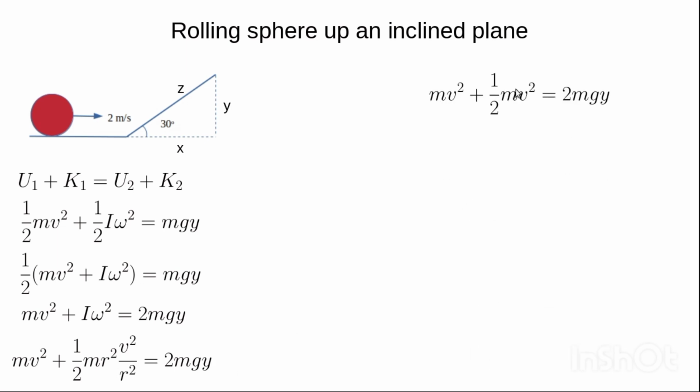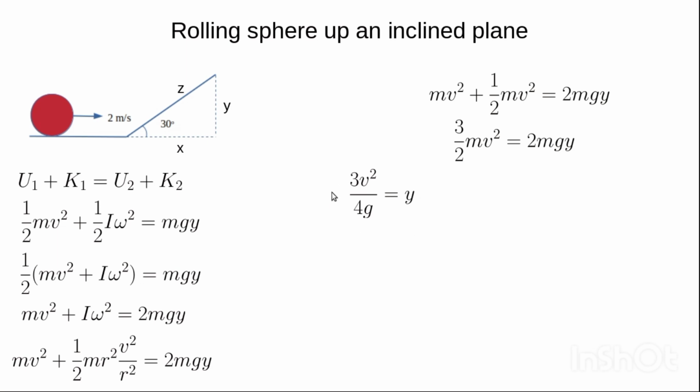So we have this plus this equal to this. The 2 is already out here. At this point, we can take care of our m. If we simplify this, it gives us 3 over 2 m v squared equal to 2 m g y. We can cancel our m and make y the subject of the formula, and we get this expression.